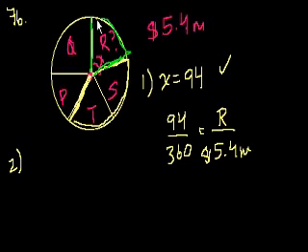Well, that doesn't help us much because P and Q could be arbitrarily small or large. These two combined could be $2 and this could be $1, in which case P and Q are the bulk of the expenses for the company. Or maybe these two are $4 and R is $2, which are all possible. And these would represent the rest, whatever gets you to $5.4 million. So statement 2 is useless.